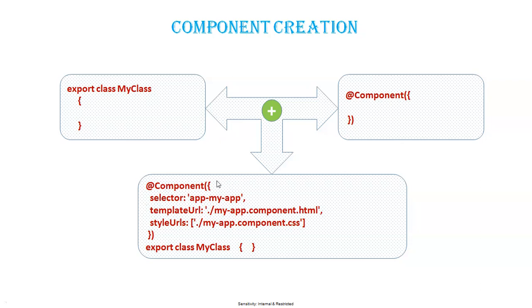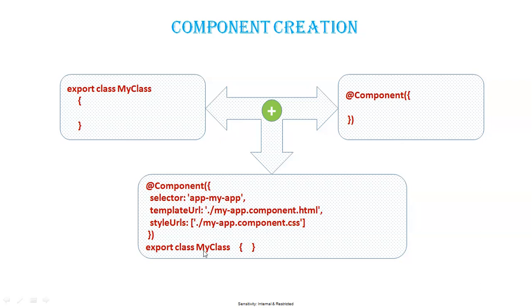Here I will say what is my selector. So selector is nothing but when should I call this, if I want to call this particular component, header component or such component or product component, what is the name I will be using. So that is nothing but selector. If I want to call a component X, I may use a name X. So that name of the component is nothing but your selector name.